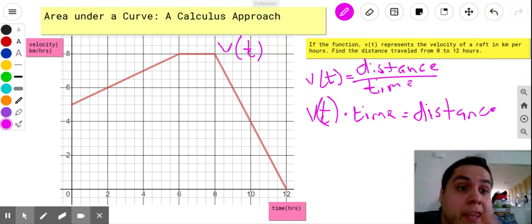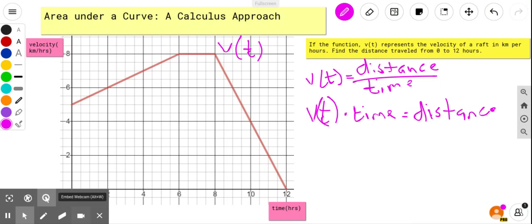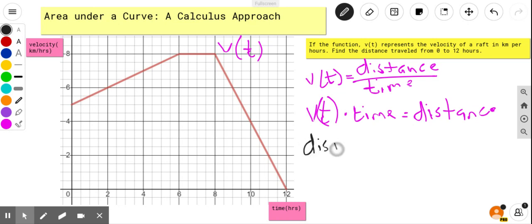So if I think about what the question is asking me, it's asking me to do this. The distance should equal the integral starting from 0 hours all the way to 12 hours of the velocity equation given to me based off the time.